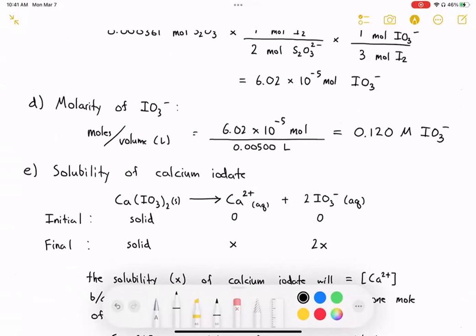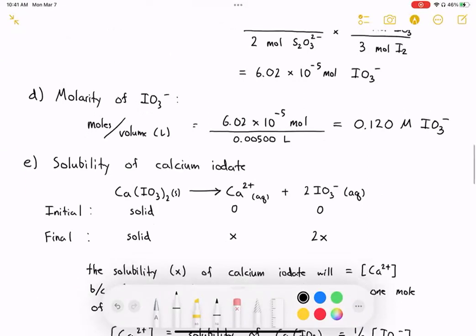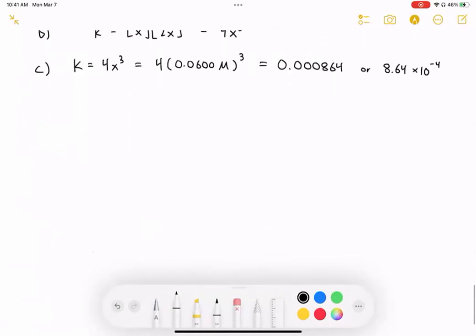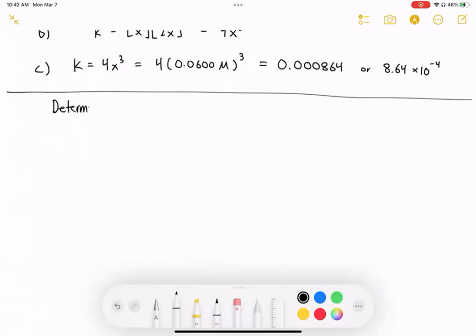So this will be the last step of the calculations, everyone, and then we'll be done with Chem 2. Chemistry always has a lot of calculations. So this is part 5, determining the concentration.